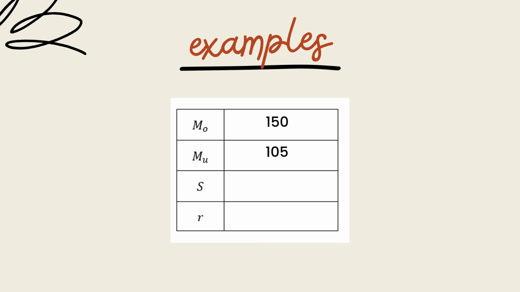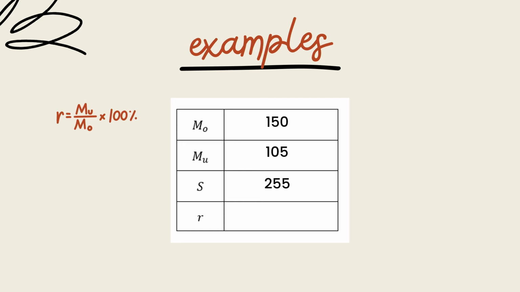Let's have our examples. So, you have M sub O is equal to 150, M sub U is equal to 105. What is S and what is R? So, I'll give you a few seconds to think about it. So, your S would be 255 kasi i-add lang yung 150 at 105.